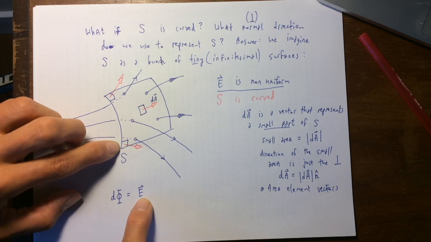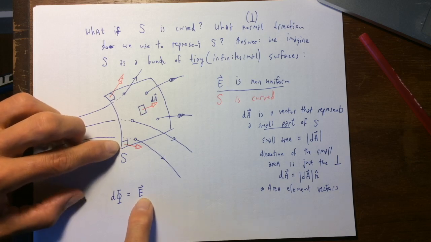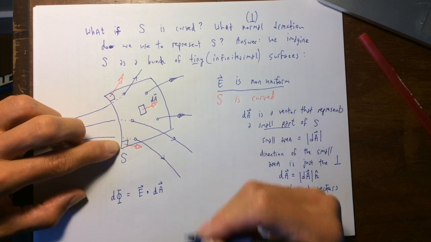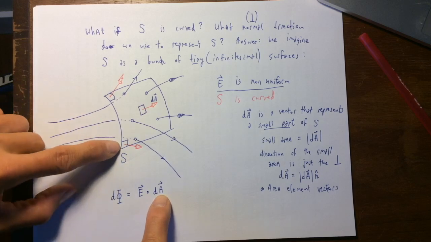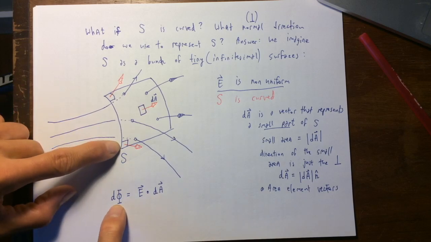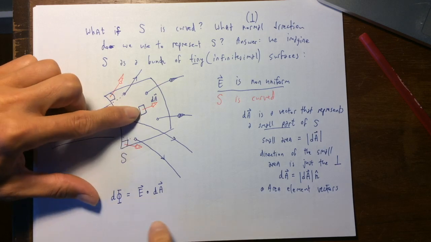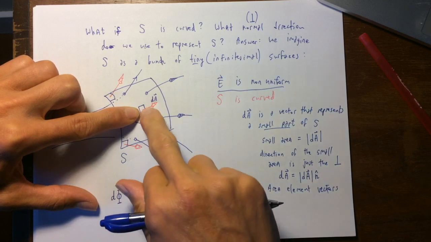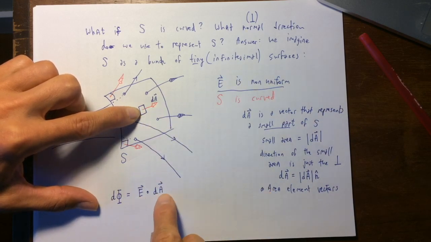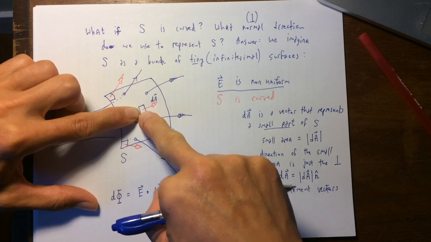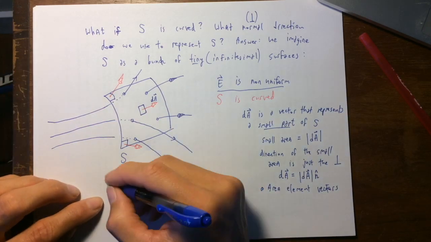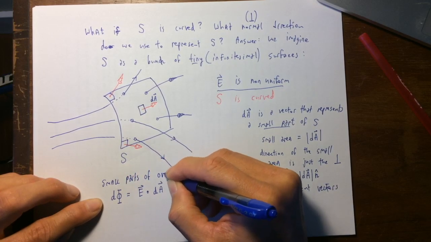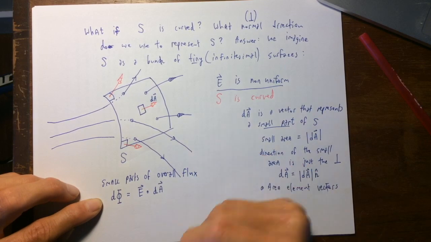It's some macroscopic field strength vector. And we dot product with the local surface element vector sitting right there, and that will be a small piece of flux. Up here, there's going to be some more small piece of flux: the electric field at that location dotted with the area element at the same location. And so these are small parts of the overall flux.